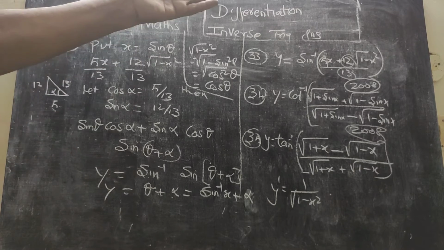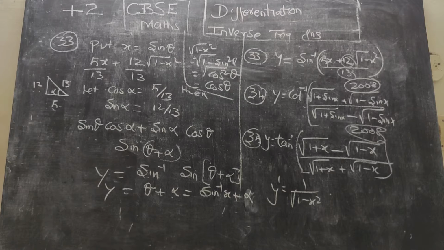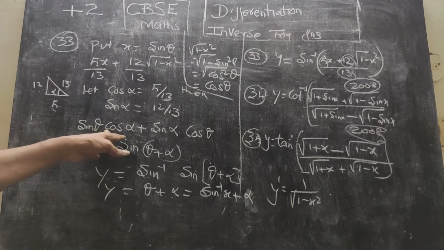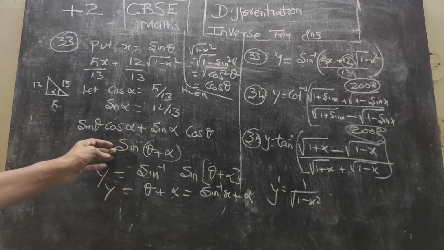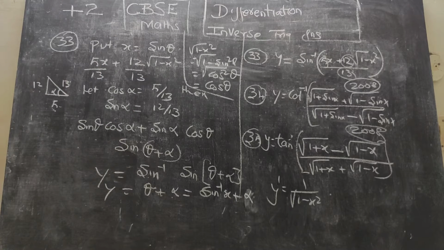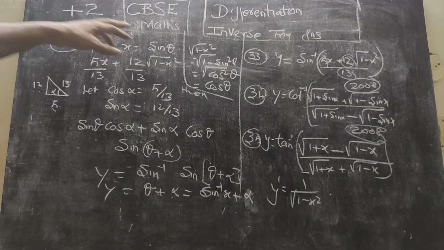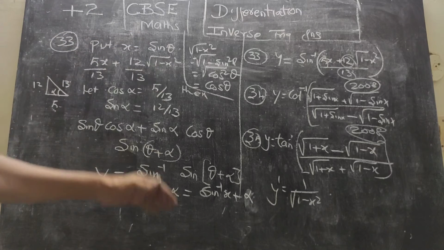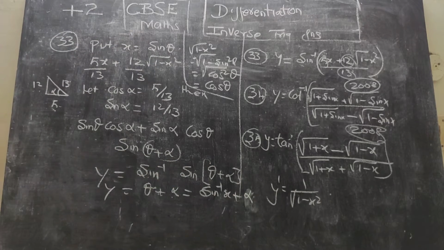So you are simplifying 5x plus 12 times root of 1 minus x square by 13 as sin theta cos alpha plus cos theta sin alpha, which is nothing but sin of theta plus alpha. So sin inverse of sin gets cancelled, theta plus alpha. Instead of theta I am putting sin inverse x, plus alpha which is a constant. So differentiating y we get 1 by root of 1 minus x square.